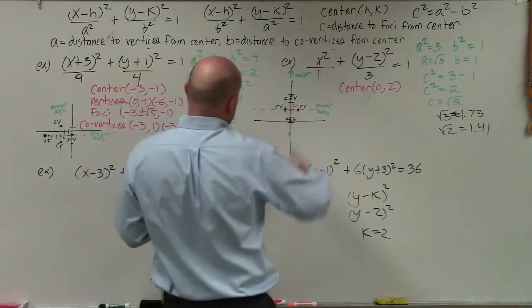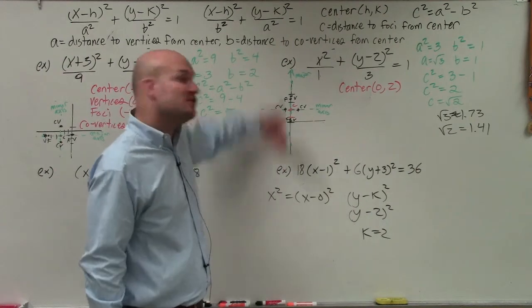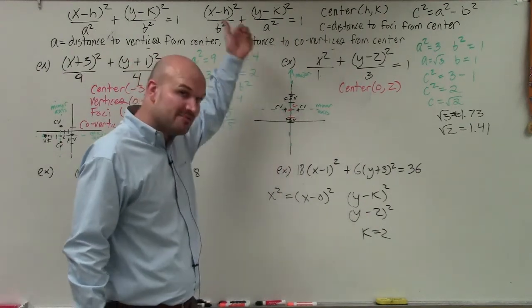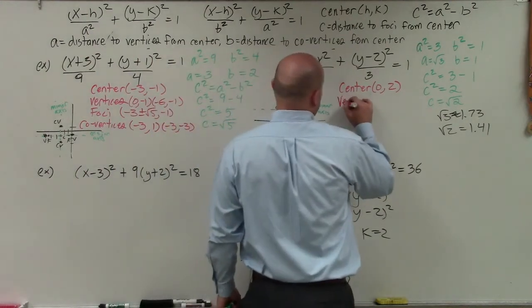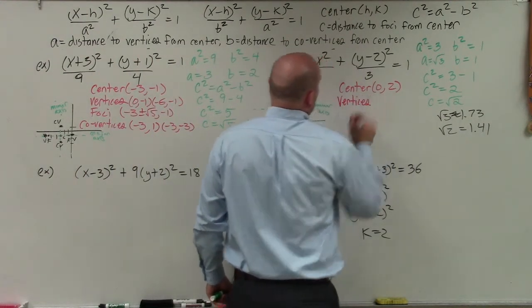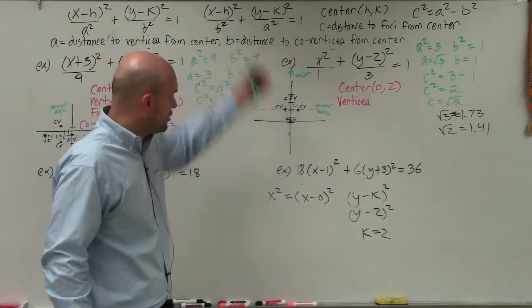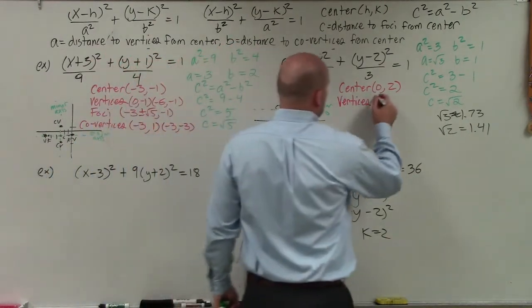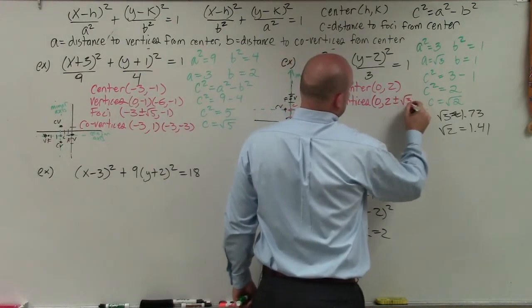The main thing, though, in graphing it, is realizing that it's a major axis, so your vertices and your foci lie on your major axis that is vertical. So my vertices are going to remain with the same x-coordinate, which is 0. We're just going up or down 2 plus or minus a, which is square root of 3.